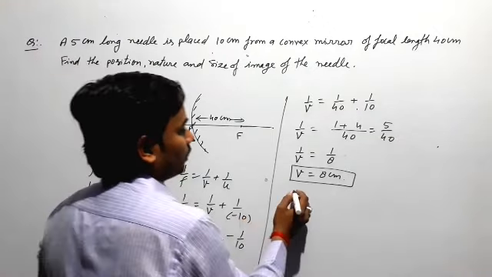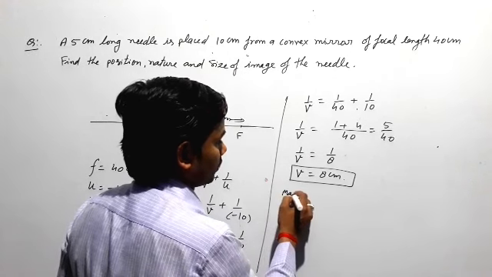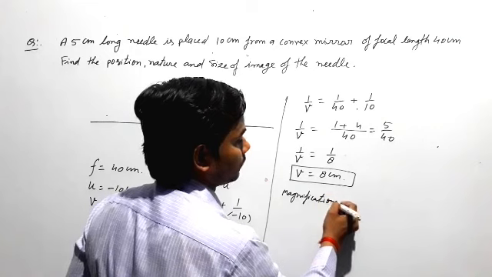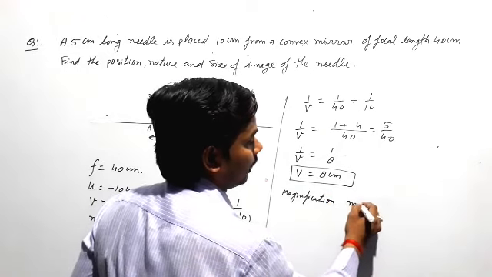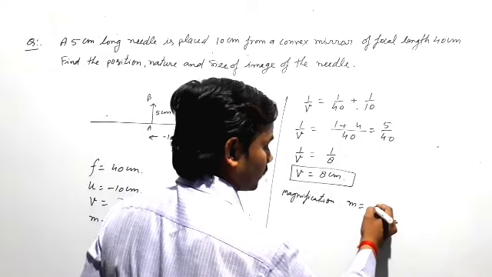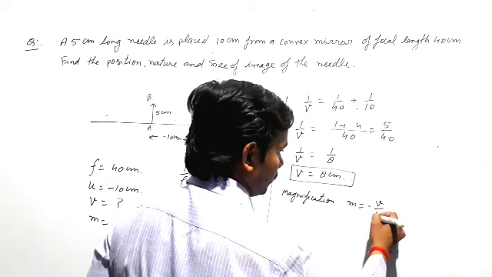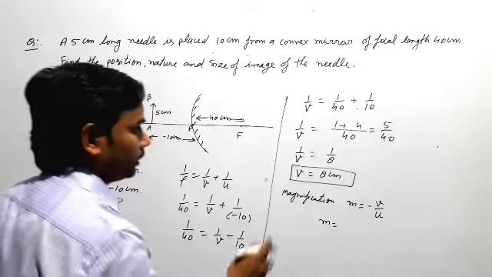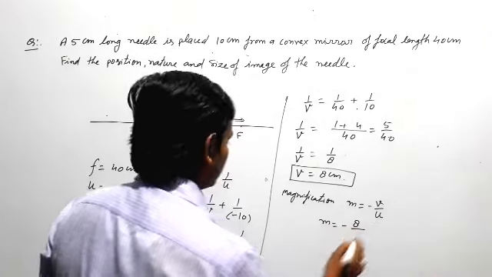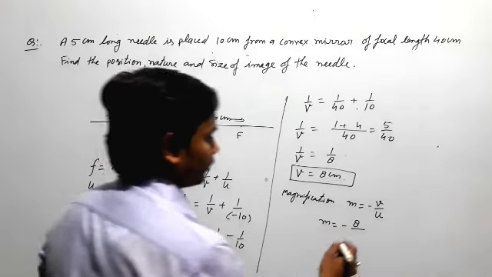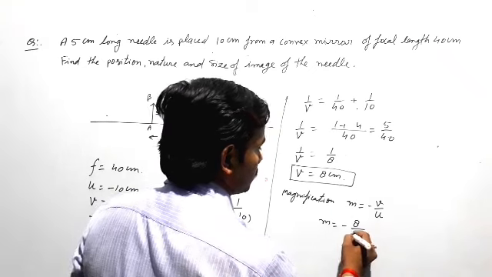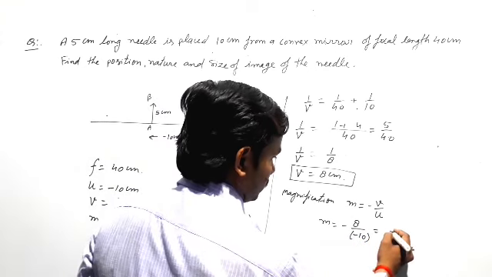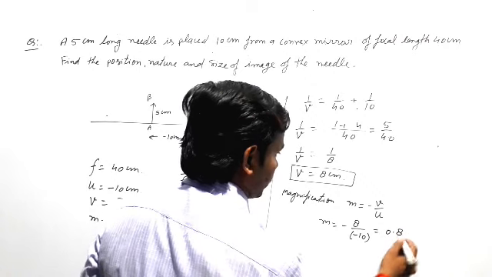So we will apply the magnification. m equals to, formula is minus v by u. Okay, so m equals to minus v, this is 8 upon u is minus 10, so this is 0.8 and positive.